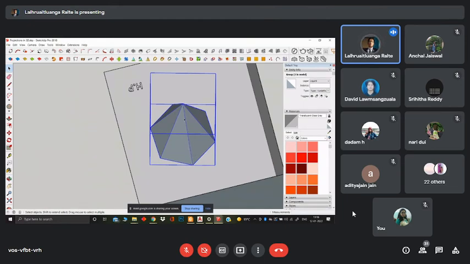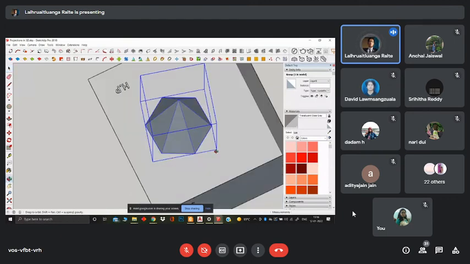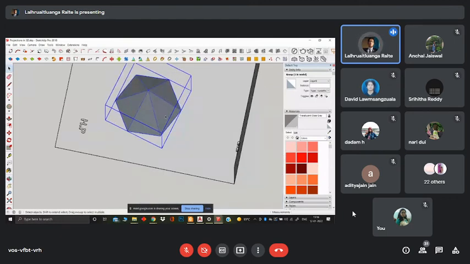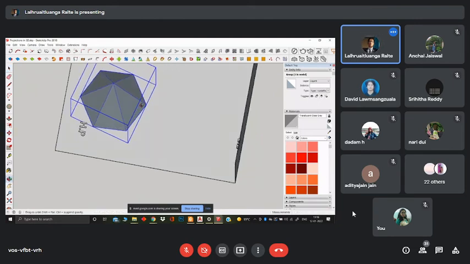I hope you can see my cursor. Face containing the edge means there are two faces which contain this edge, right? So these faces are going to make equal inclination to the horizontal plane. All right. So now let's do this.